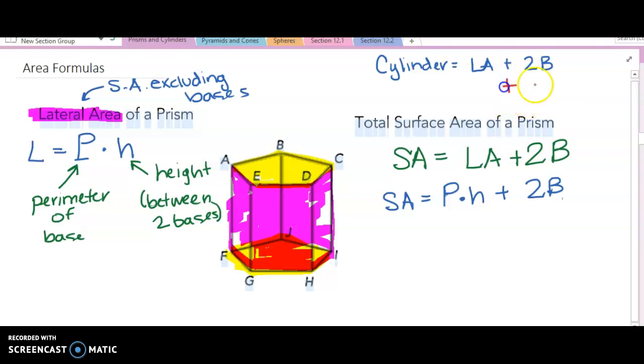That's how you find the area of any circle, so 2 pi r squared. And my lateral area, think the perimeter of the base when it's a circle is just the circumference, right, times my height. This is the surface area of a cylinder. Okay, and remember circumference is 2 pi r.